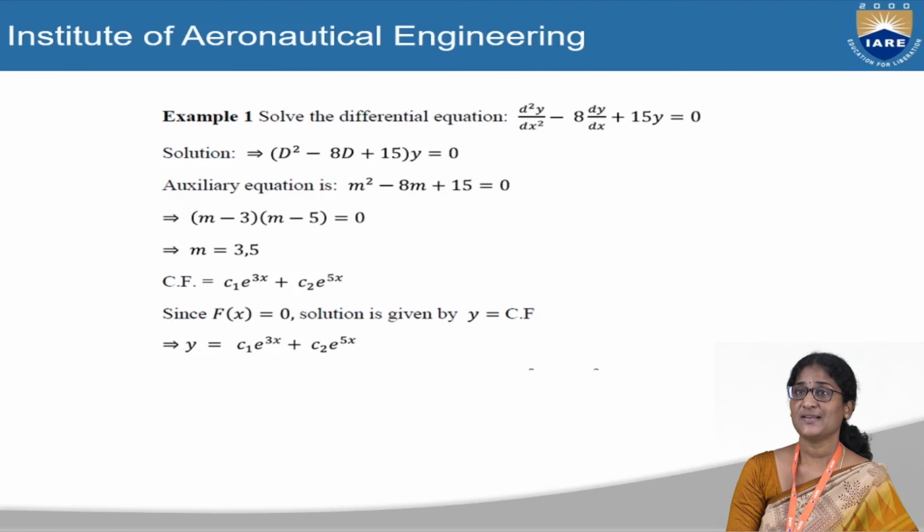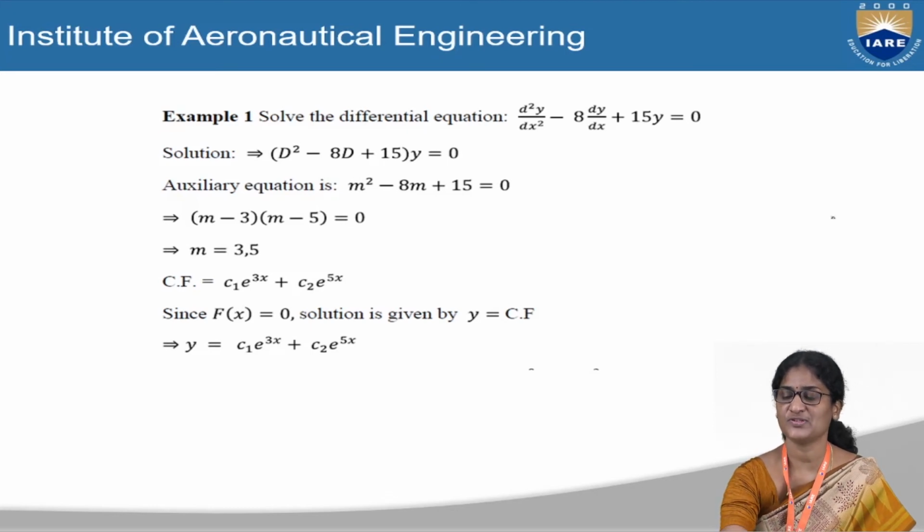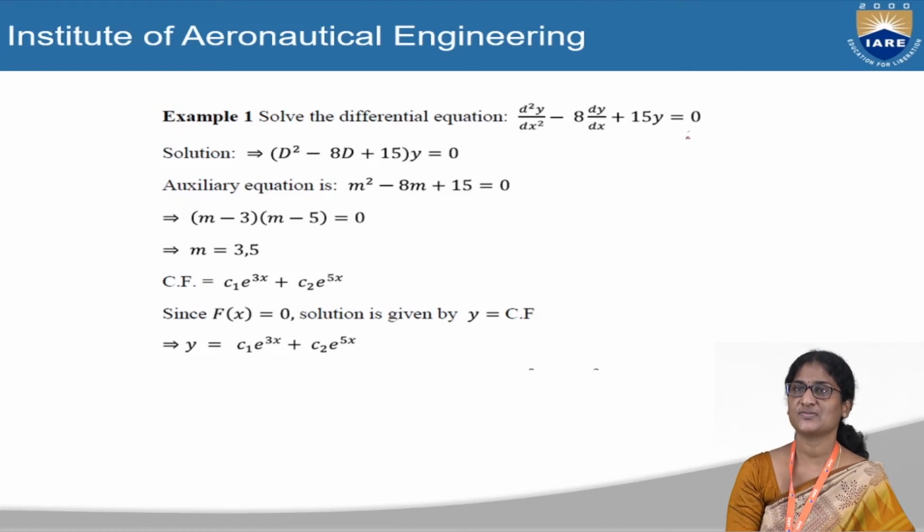Before solving an equation like this, first we have to think whether it is homogeneous or non-homogeneous. This equation is homogeneous because we don't have any function of x on the right hand side.